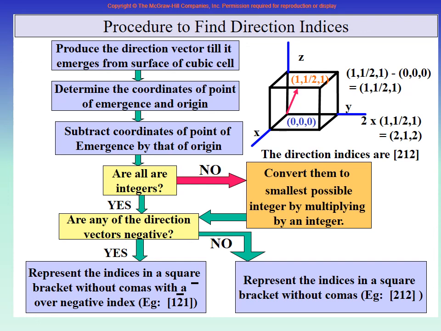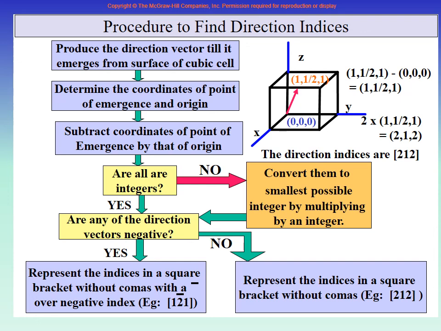If the direction is starting from some other point, then make that other point your origin, so that now some of the directions will be minus. If there is any fractional number, then make it a whole number and multiply all of them by that. If there is any minus sign, show it at the top of the direction index rather than beside it, right?